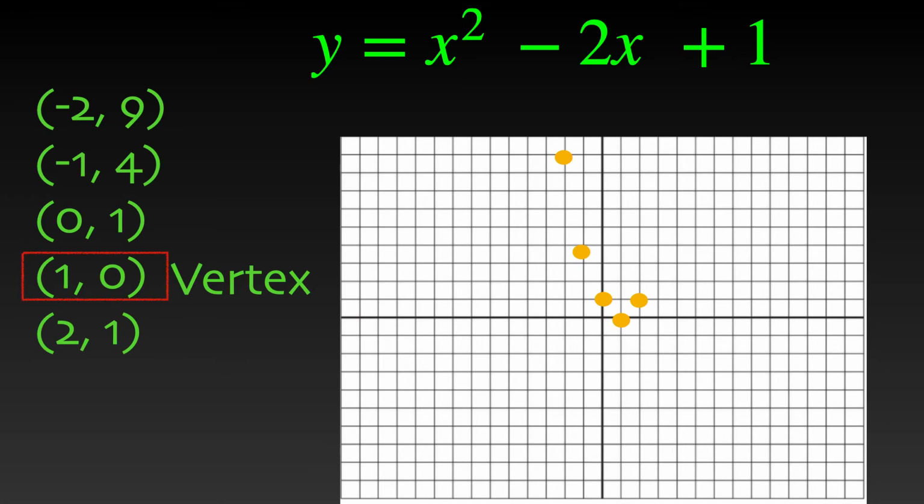So my answer, my roots, my solutions, my zeros, or my x-intercepts is 1, 0. So x is equal to 1. Okay, so there's only one root, x equal 1.